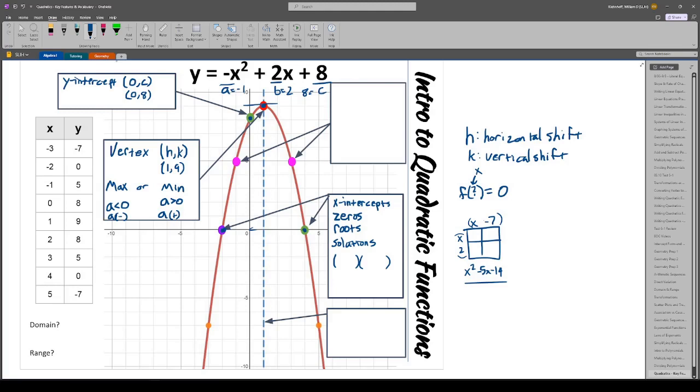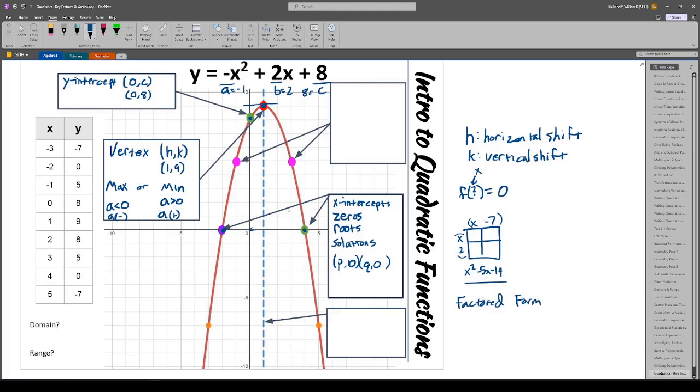But for our notes here, we're just going to note that these are x-intercepts, not y-intercepts. One of them is at p comma 0, and the other is at q comma 0. And we talked about standard form. We have a different form of quadratics called factored form. And factored form is simply a product of two binomials.